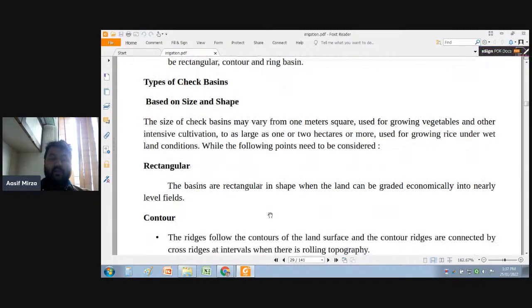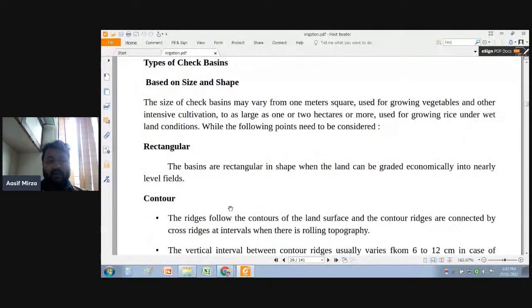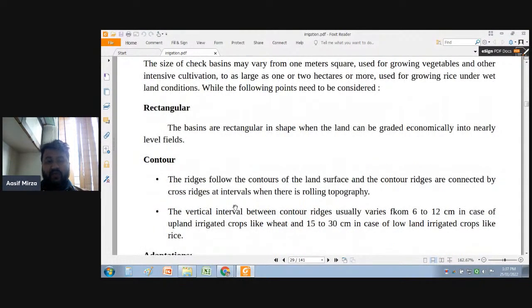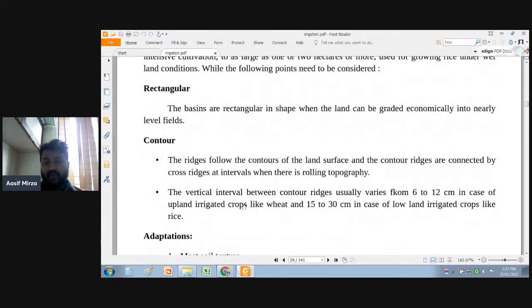In the contour case, looking at the level of the ground, the ridges follow the contour of the land surface, and the contour ridges are connected by cross ridges at intervals when there is rolling topography. The vertical interval between contour ridges usually varies from 6 to 12 centimeters for upland irrigated crops like wheat, and 15 to 30 centimeters for lowland irrigated crops like rice.